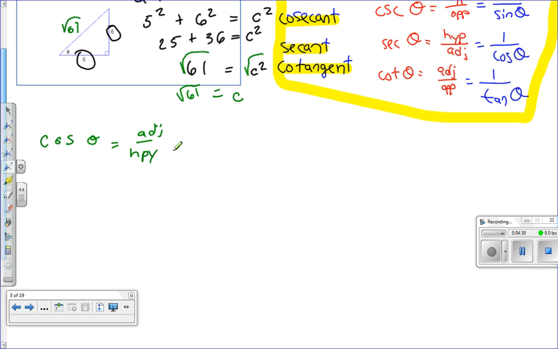Which is going to be equal to, in this case, because this is my adjacent, that's my opposite, and obviously this is my hypotenuse. Okay, so adjacent is 5, so 5 over, I wrote hypotenuse wrong, that should be HYP, 5 over the square root of 61.